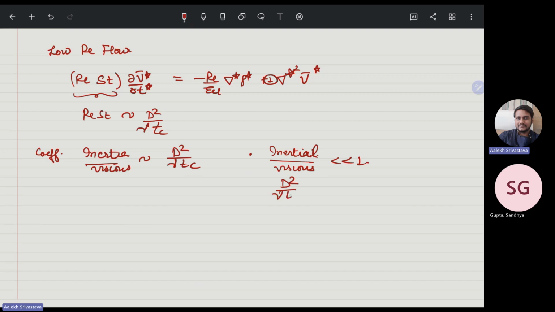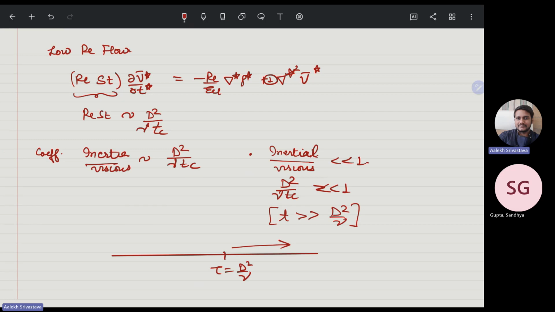So d square by nu Tc should be much less than 1, or T should be much greater than d square by nu. So for this time, suppose this is the time scale and this is tau equal to d square by nu. At this point, you can say that in an unsteady state the inertial term can be dropped off. So it is less significant.